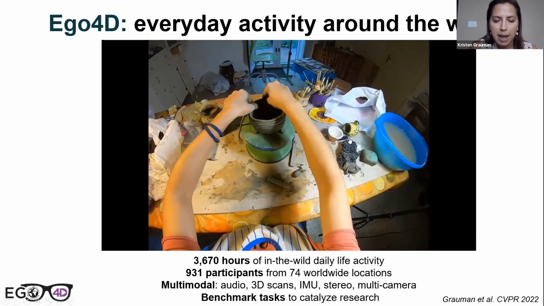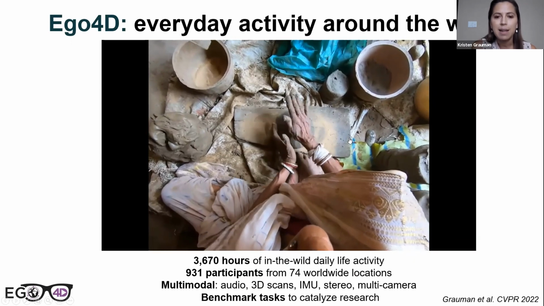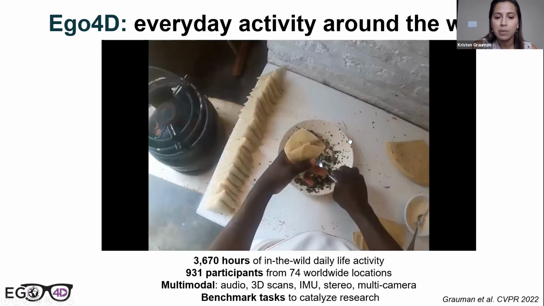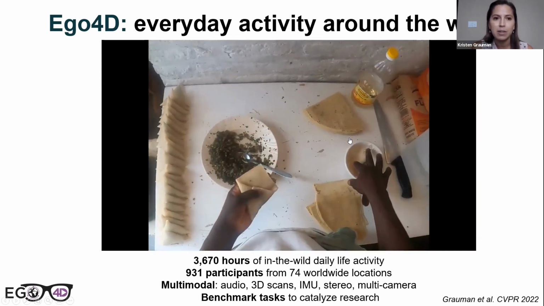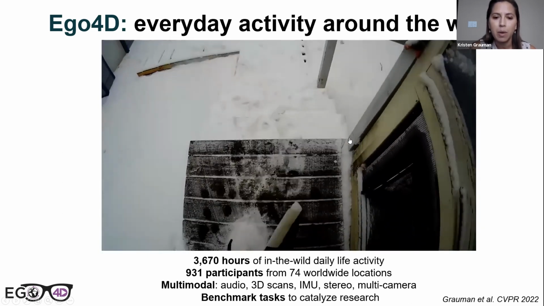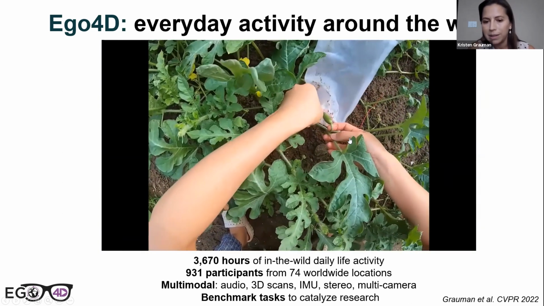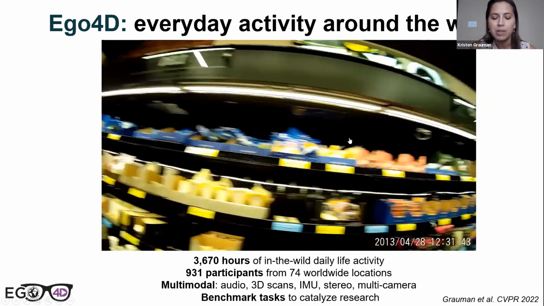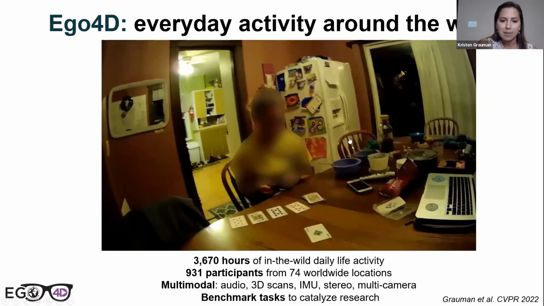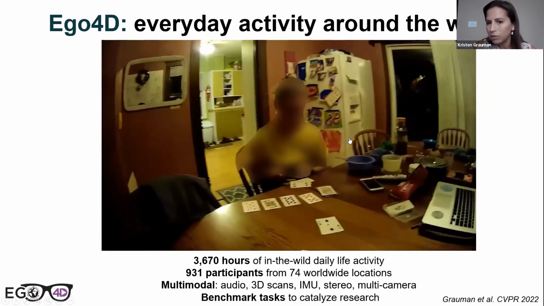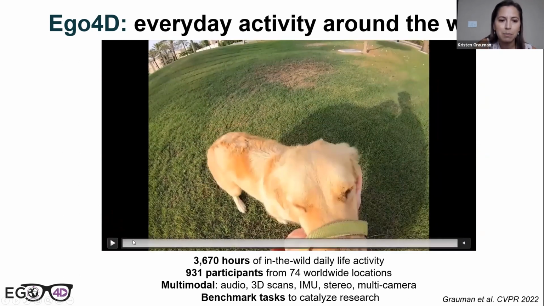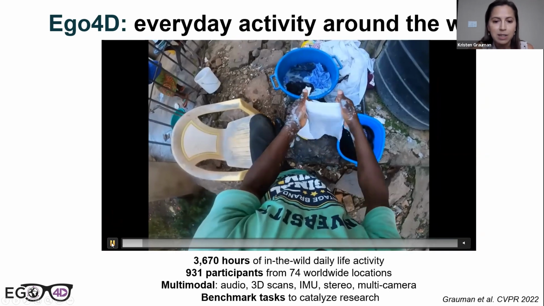The last slide I want to show you here is highlighting a new data set that we're part of together with 14 other institutions. This is called Ego4D, and this data set will further support the kind of work I'm talking about and hopefully much more. It's in-the-wild, egocentric wearable camera data from almost 1,000 different people around the world. It's showing you these daily life activity glimpses, indoors, outdoors, a lot of complex hand-object interaction, even people and animal interaction.